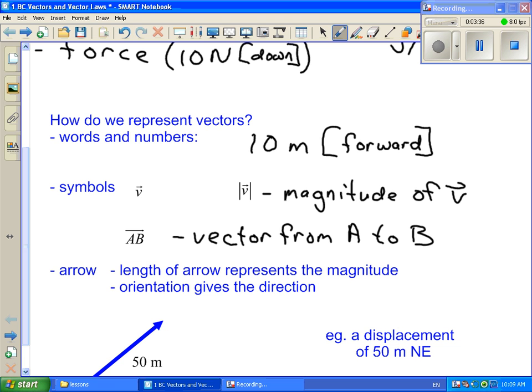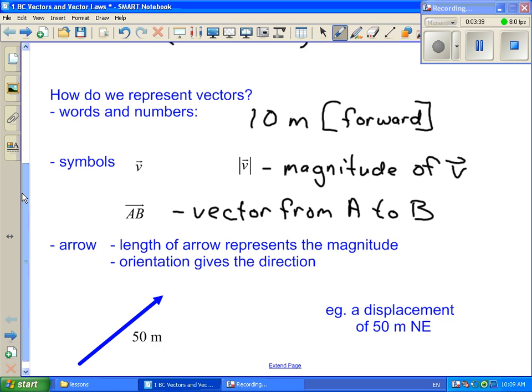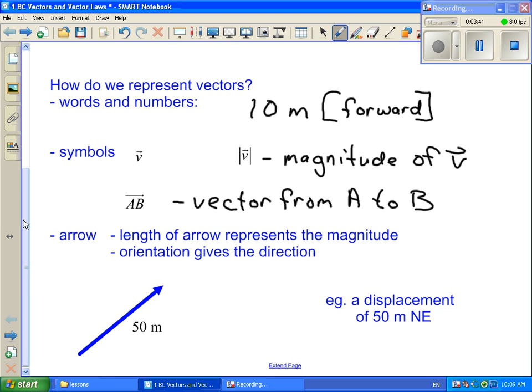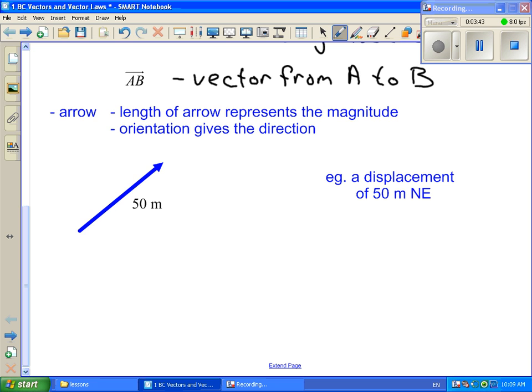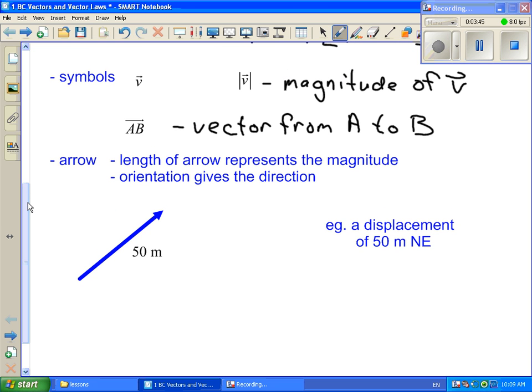So you can use words and numbers, and symbols. We can also represent vectors graphically using arrows, and we're going to work a lot with that here in Unit 1. The length of the arrow represents the magnitude of the vector, and the orientation of the arrow tells us the direction of the vector.